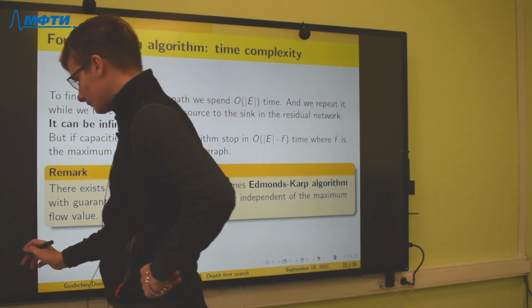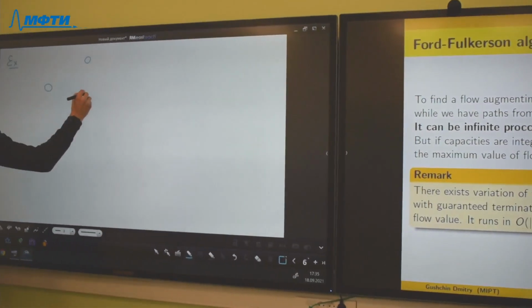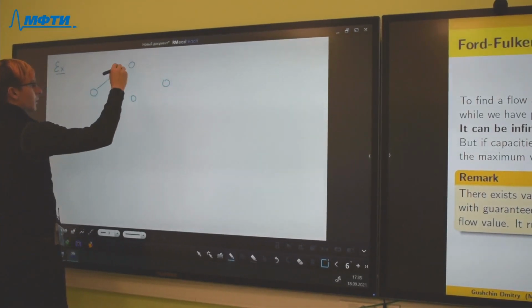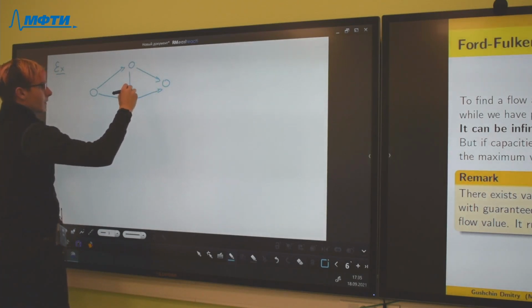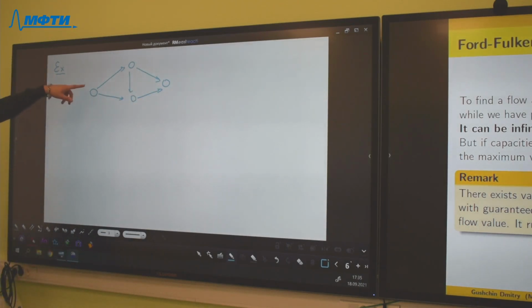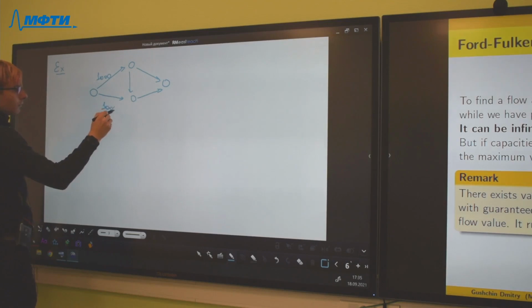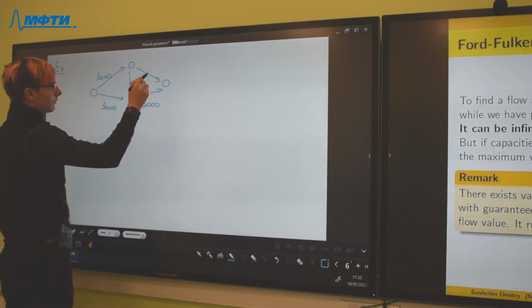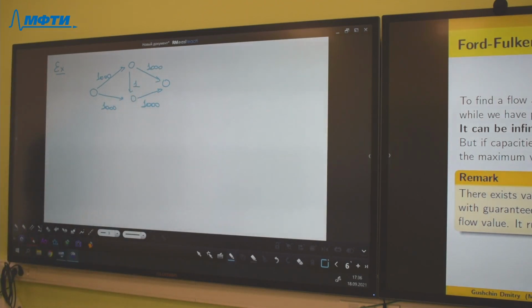For example, if we draw a similar graph, but the capacities of 4 of these edges will be equal to 1000, for example. And this capacity equal to 1.